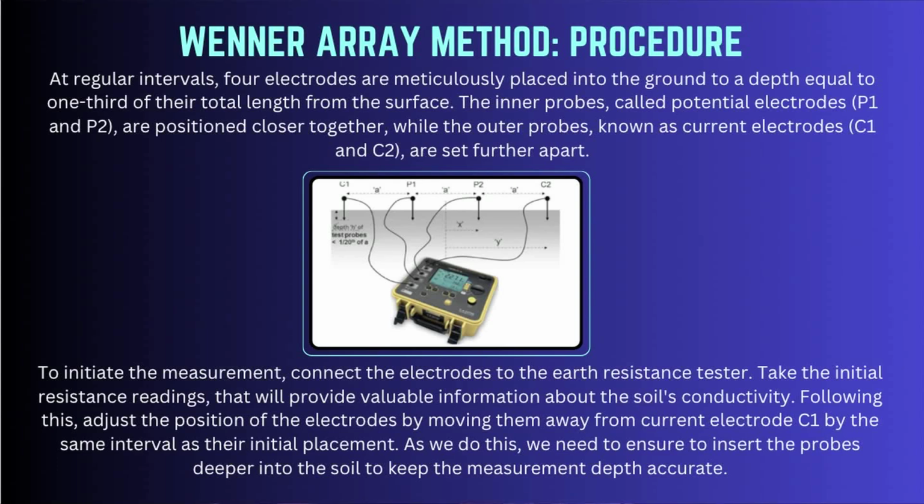Following this, adjust the position of the electrodes by moving them away from current electrode C1 by the same interval as their initial placement. As you do this, ensure to insert the probes deeper into the soil to keep the measurement depth accurate.